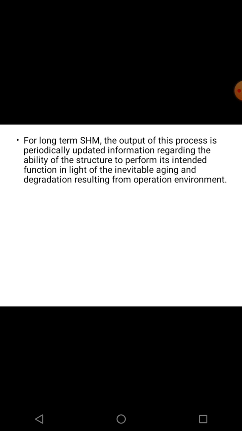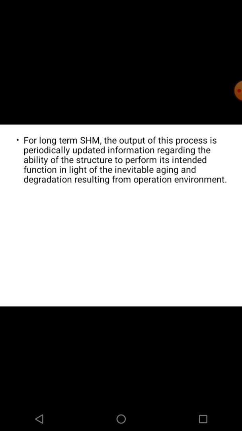It will give the information periodically about how our structure is functioning at present. It is functioning lightly, it is functioning inevitably, or its functioning is degraded. Clear? So what will be the output of SHM? It will give information regarding the functioning of our structure, in terms of light, inevitable, or degradation. That is the long term structural health monitoring output.